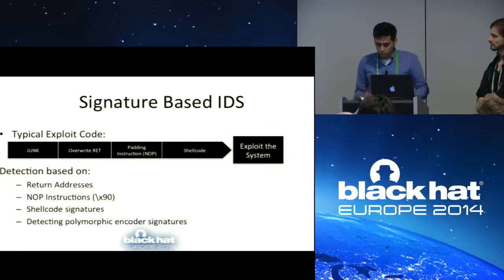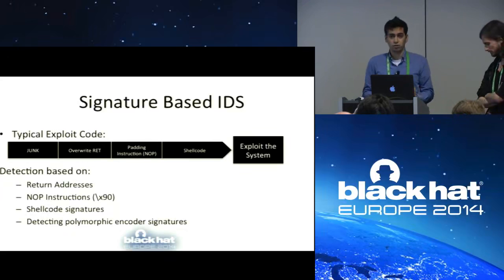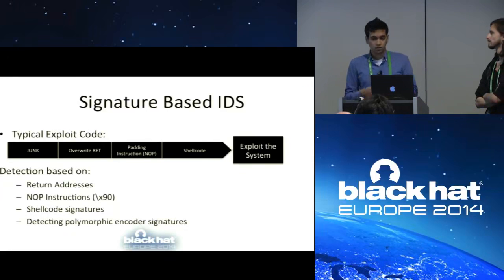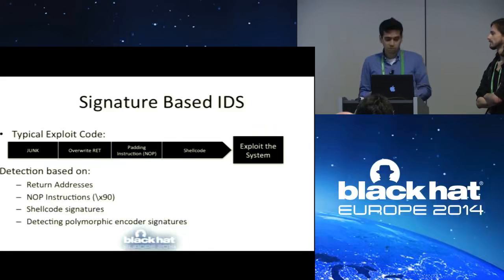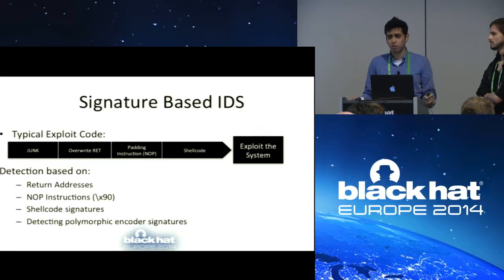Normally, the very basic detection was signature-based network intrusion detection systems, basically looking at the return addresses, multiple NOP instructions, the shellcode signature, or even, if you were lucky, detecting some polymorphic encoders based on their signatures.